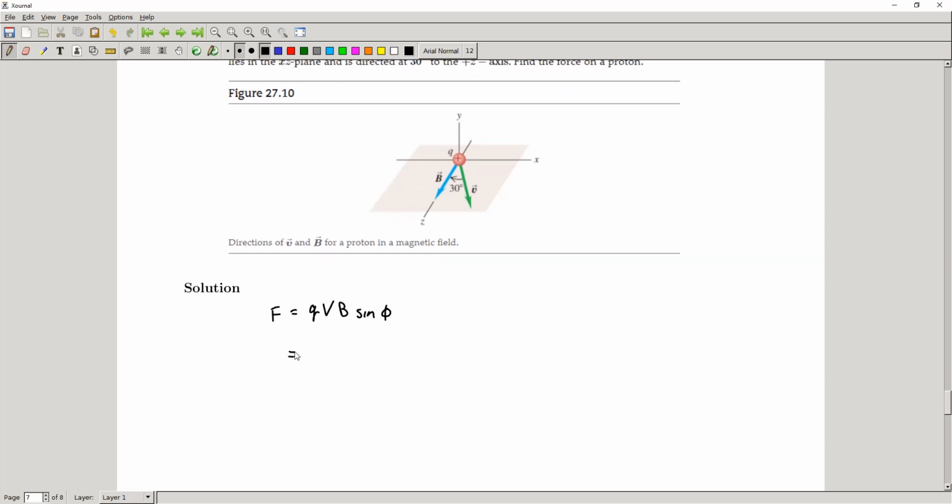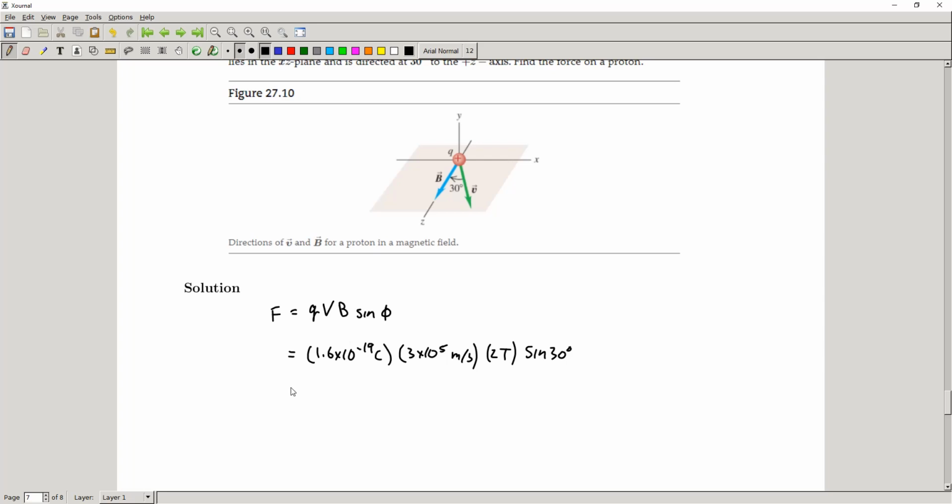We just plug in the numbers, and so it's going to be 1.6 times 10 to the minus 19 coulombs times 3 times 10 to the 5 meters per second times 2 Teslas times sine of 30 degrees, right? 30 degrees is the angle from V to B, right?